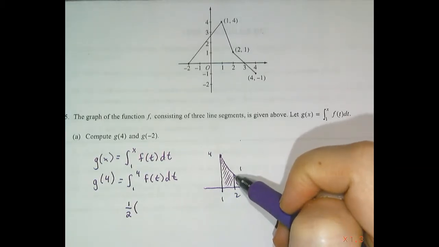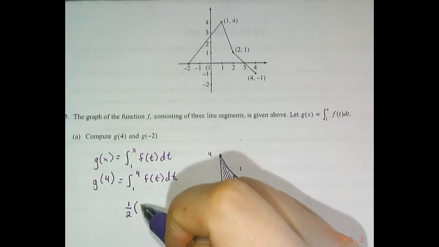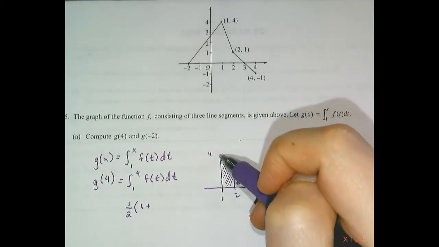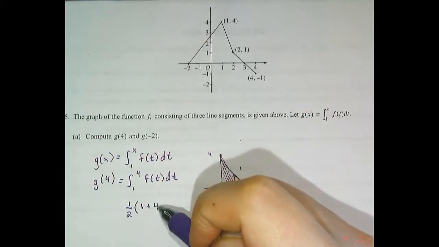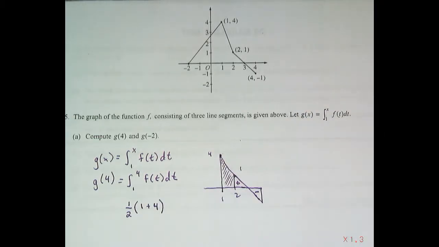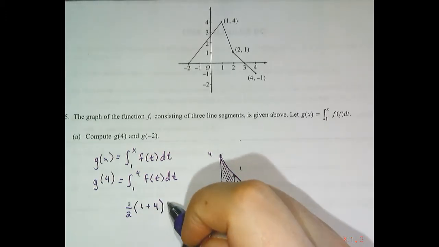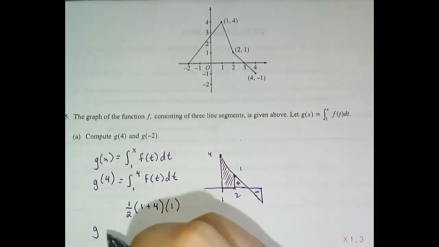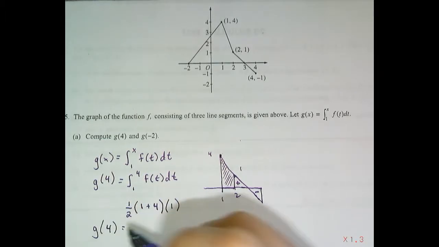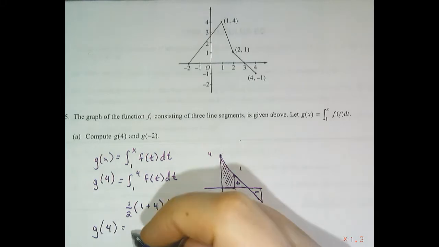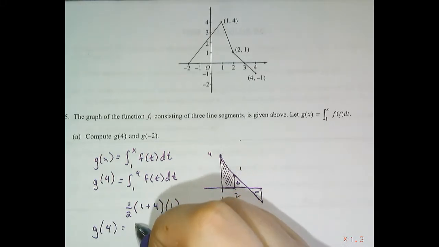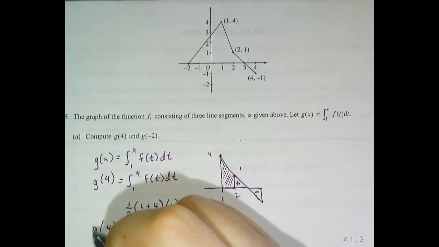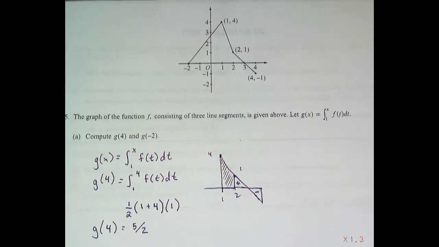So this height right here was a height of 1, and this height right here was a height of 4. And multiply that by the width of the trapezoid, which is 1. So g of 4 is equal to 5 halves. Okay. That's the first part.